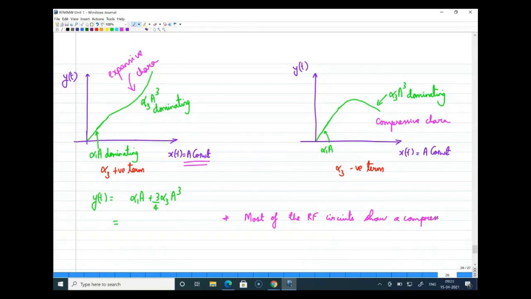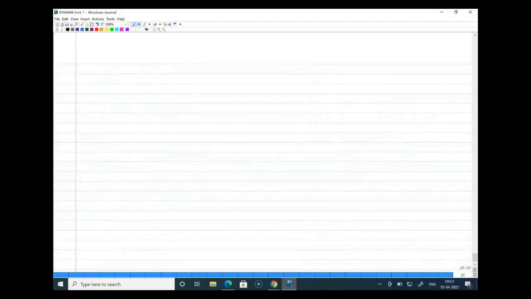The meaning is, alpha 3 is a negative term in most of the real circuits, right? So generally whenever we see the response of any RF circuit, you can see that it will show a kind of compressive nature, and you will also agree to that, at least to this point.